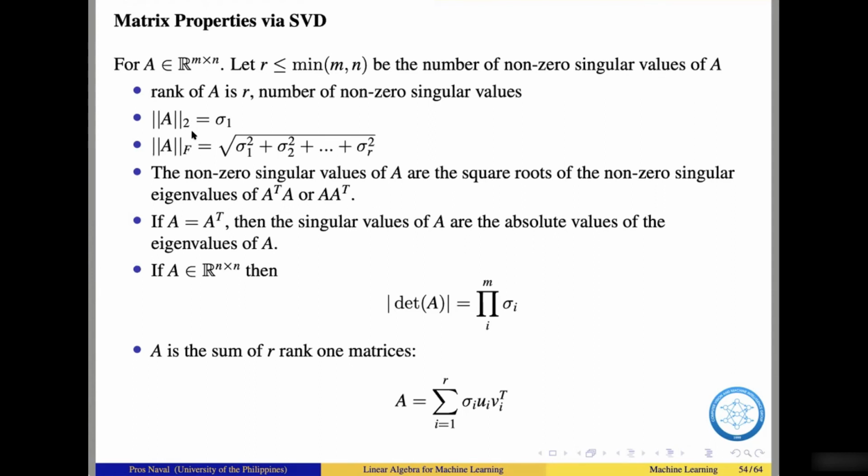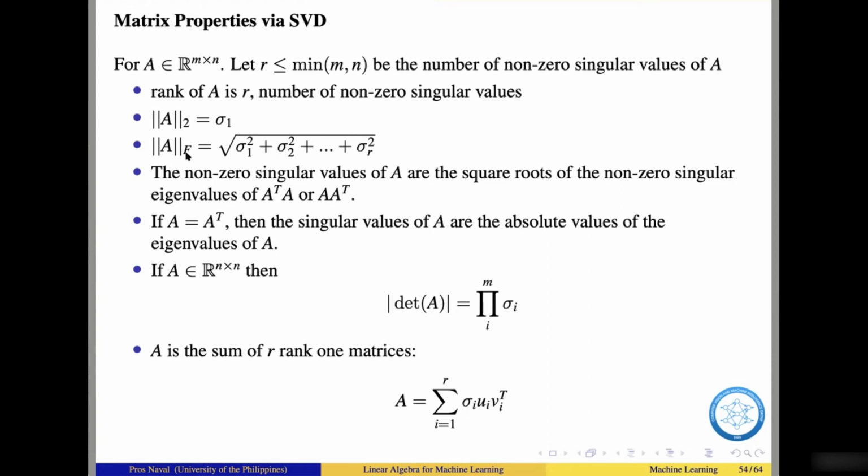Now, the L2 matrix norm is just equal to sigma 1. It's the spectral norm.